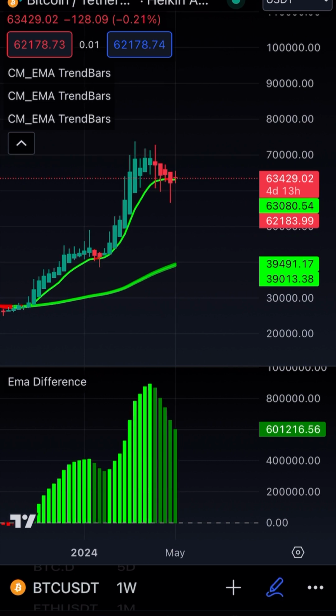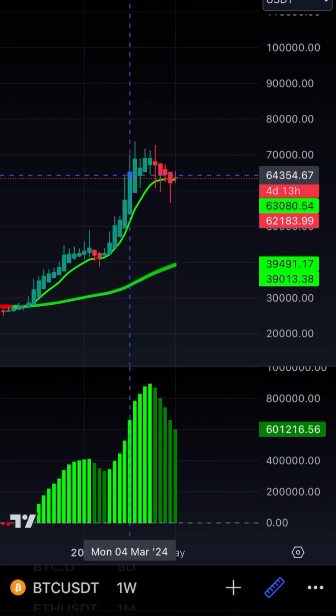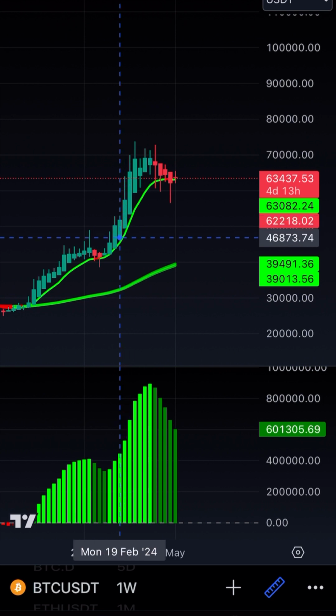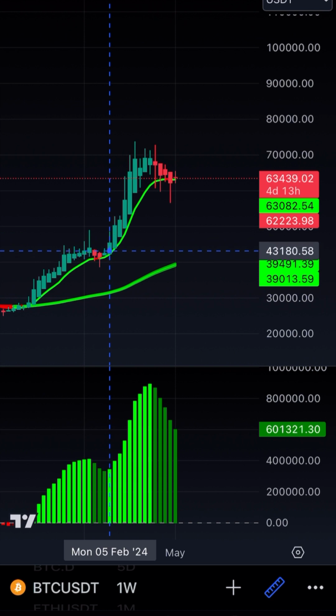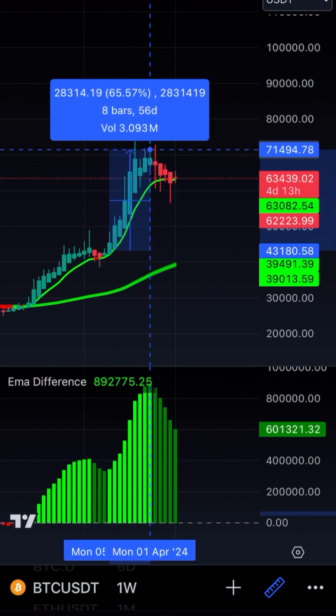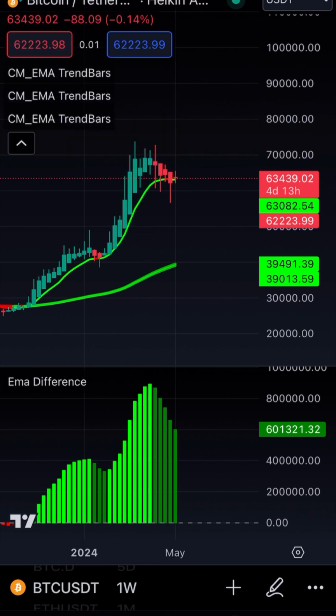And then you focus on it becoming light green again. If you're following the same strategy, the same strategy will work for the hour as it will for the weekly. The difference is you're going to have to wait longer if you do it on the weekly. So if you focus on all the moments, like right here, light green, if you rode this out, this will lead to some massive profits too.